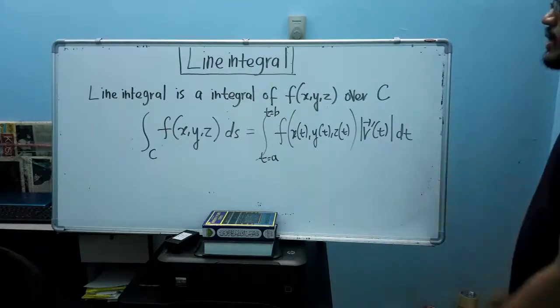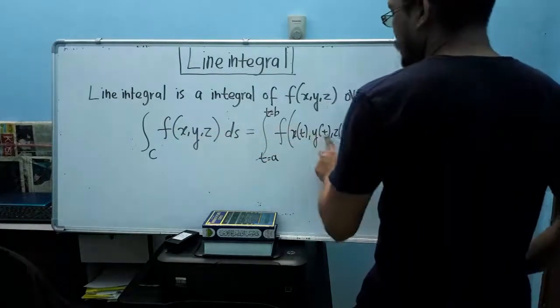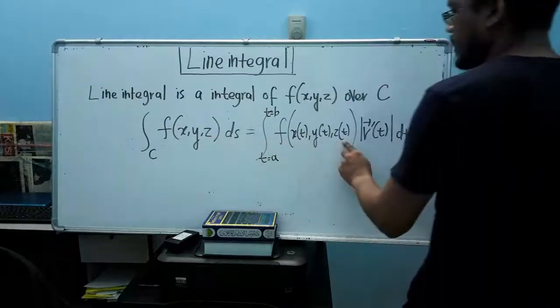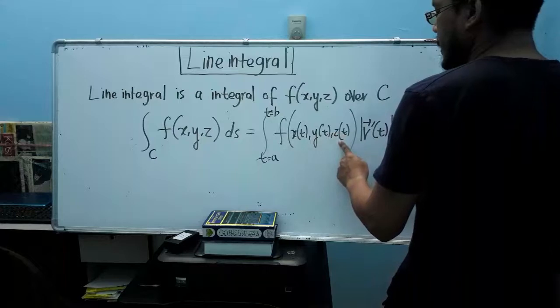Now for x we have x(t), for y we have y(t), and for z we have z(t). Where can we get x(t), y(t) and z(t)?